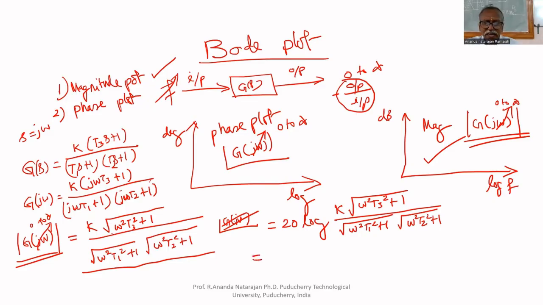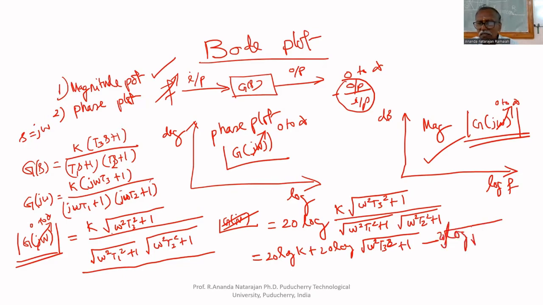That's why it can be written as 20 log K minus 20 log square root of omega square tau 1 square plus 1, minus 20 log square root of omega square tau 2 square plus 1, since these are in the denominator.